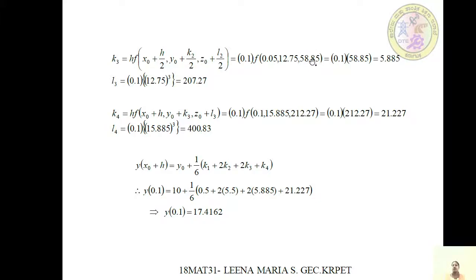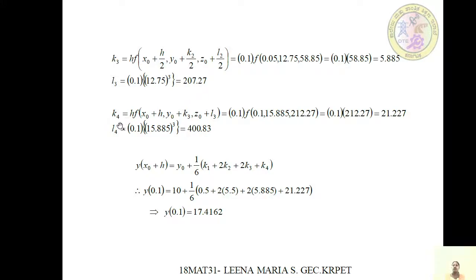The z is 58.85. So 0.1 into 58.85, multiplying these two, I'll get 5.885. Similarly, to find L3, 0.1 into your second function, that is y cube. Y is 12.75 whole cube; simplify this and multiply with 0.1, we get 207.27. So we get the values for K3 and L3.